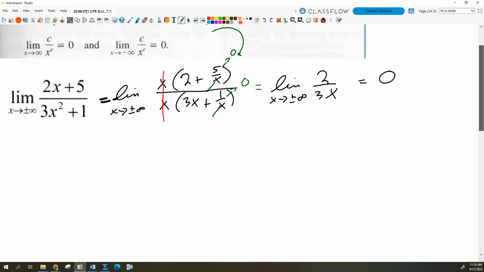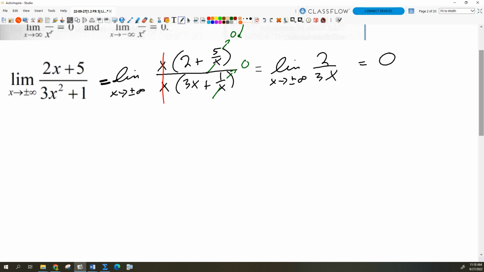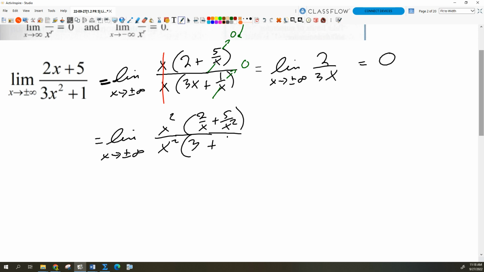I think it's a little bit easier proof to see if you just make one little change here. What if we factor an x squared out of the top and the bottom? The motivation for that is that's the biggest power of x that ever shows up. If I factor an x squared out of each top and bottom, wouldn't I just get a 2 over x plus 5 over x squared remaining divided by 3 plus 1 over x squared?